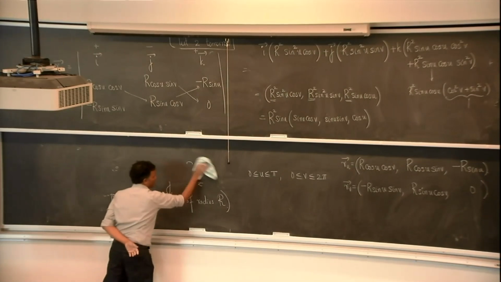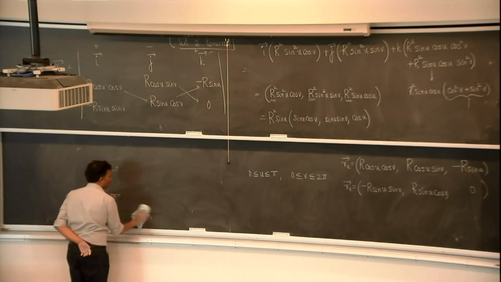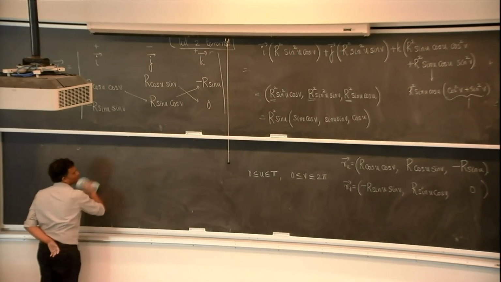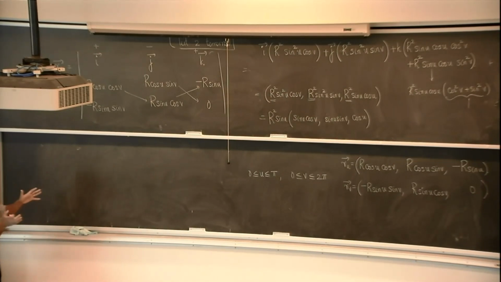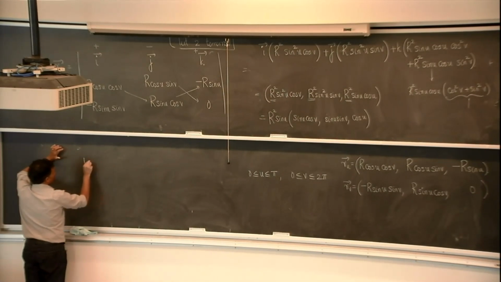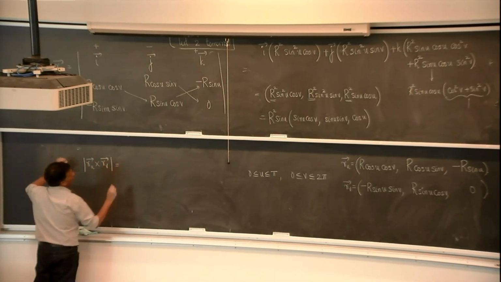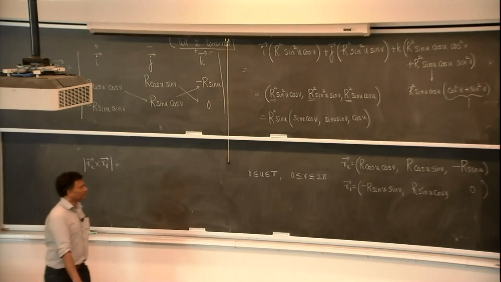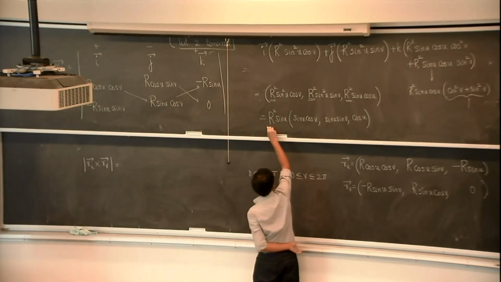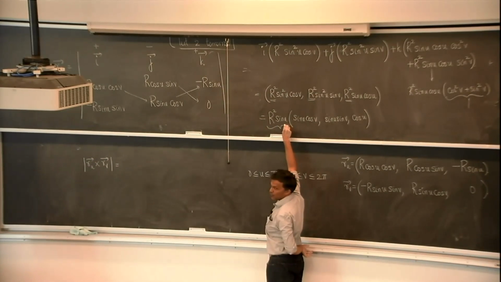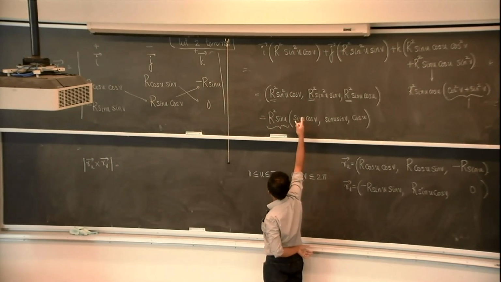All right, now we have to find its magnitude, which means you have to square and take its square root. Okay. Square and add the components, take the square root. So the magnitude of Ru cross Rv is, well, when you square and take the square root, this term is not going to change. Because you're going to square, take the square root.